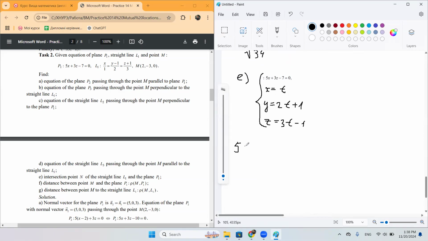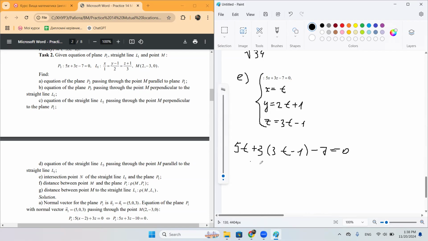So 5t plus 3 by 3t minus 1 minus 7 equals 0. So we need relative to t.